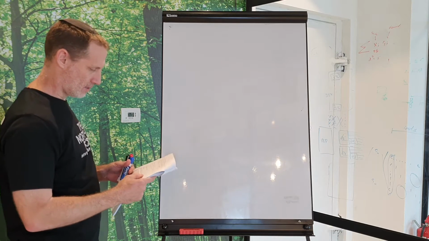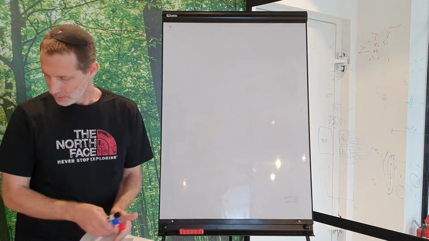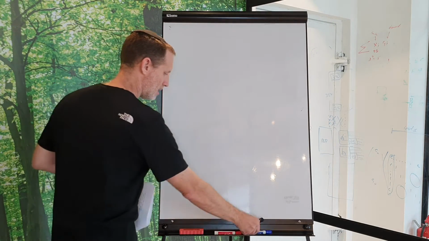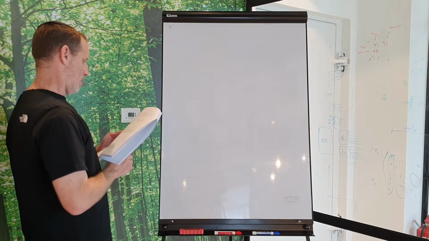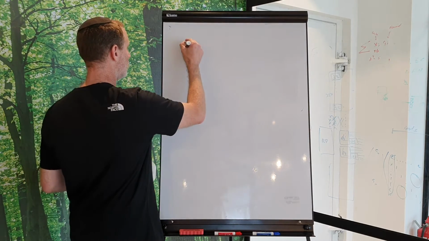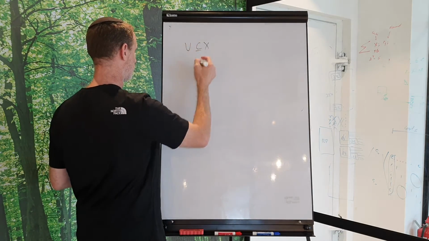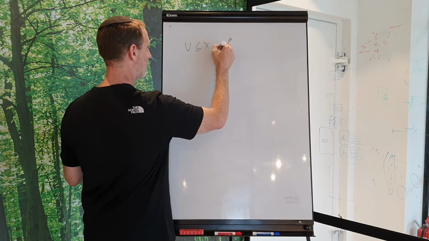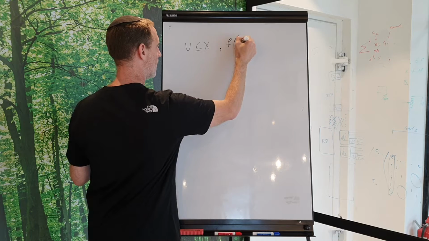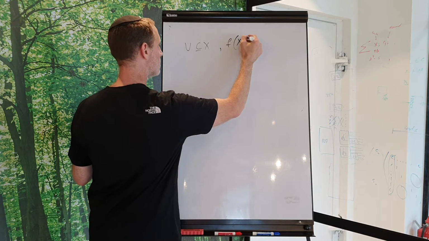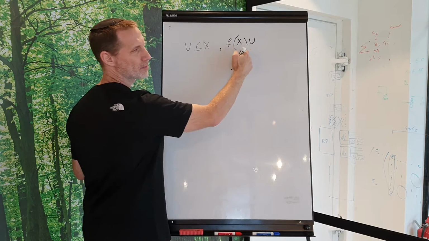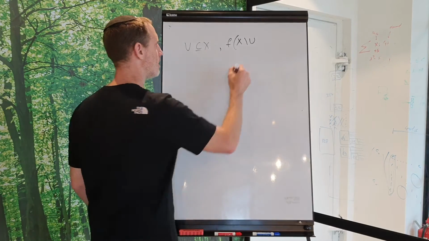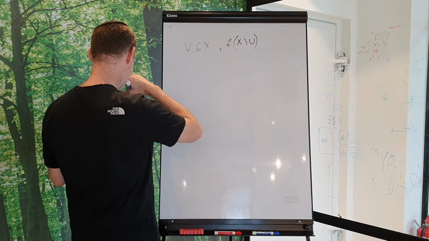Okay, this is also along the same lines. So, if we take U in X, and then we look at f of x less U, this just basically says that you take U out of X, right?